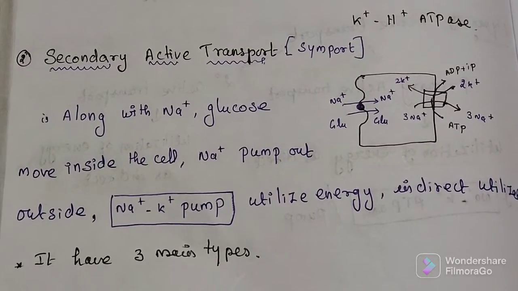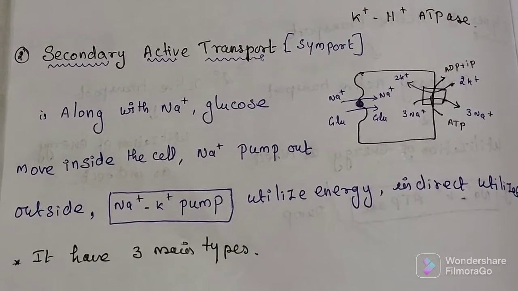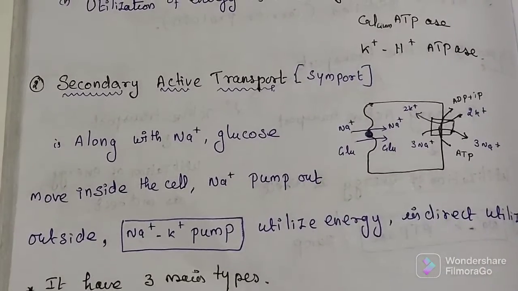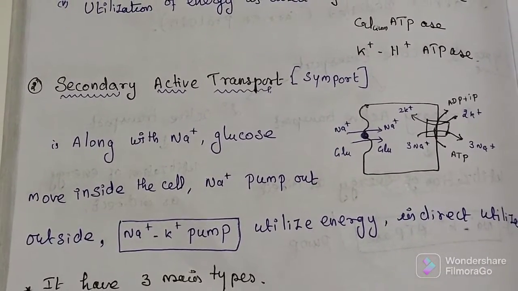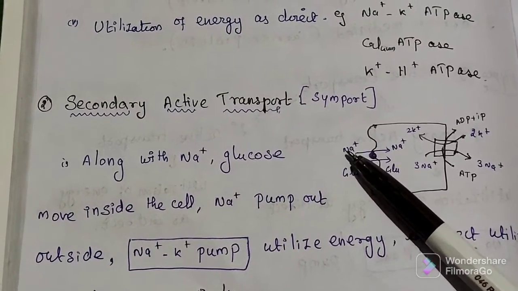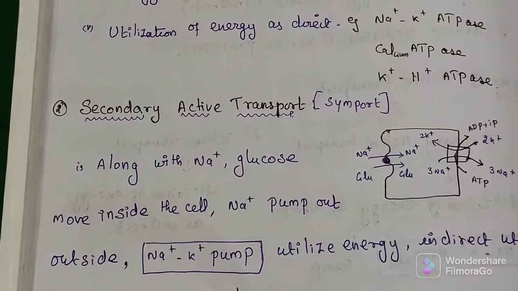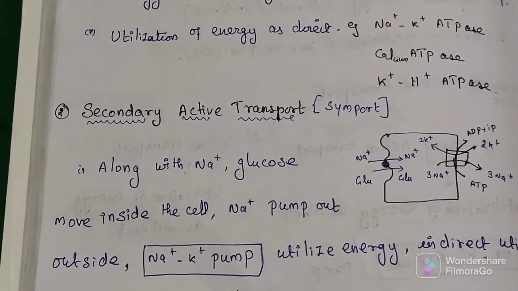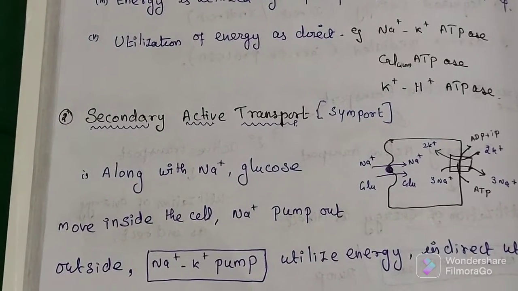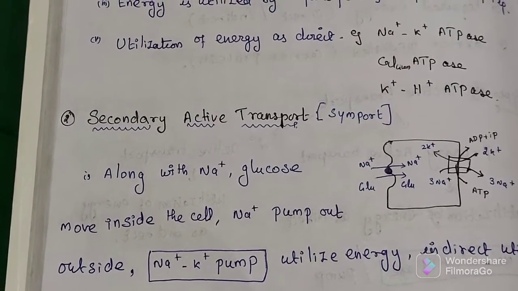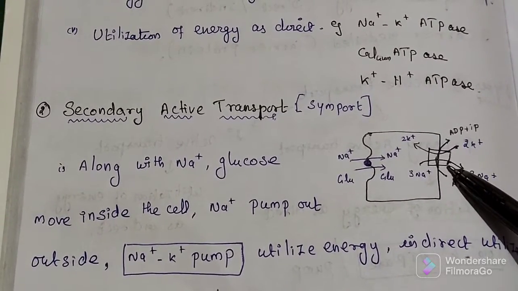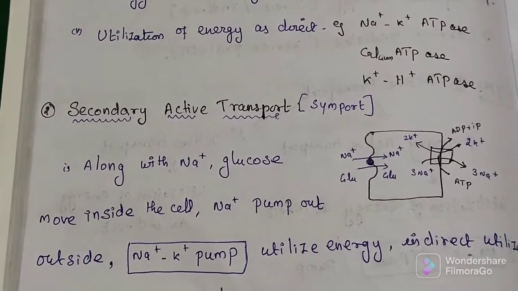Second one, secondary active transport, also known as symport. Here along with the sodium, glucose moves inside the cell. Sodium is pumped out by the sodium potassium pump, which utilizes the energy by hydrolysis of ATP to ADP plus inorganic phosphate.